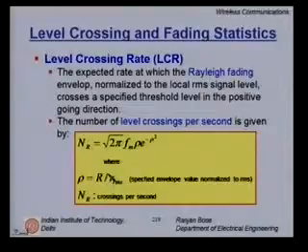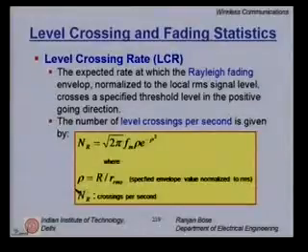R is that special threshold value, and R_rms is a characteristic of the Rayleigh distribution. If you go back and check, R_rms depends on the sigma. Fine. So, it will be root 2 times the sigma.